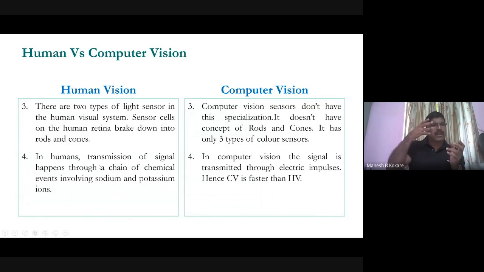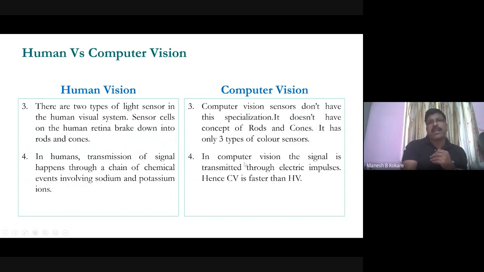As I told you, these photocells, the cones and rods, are responsible for converting light into an electrical signal, which is then passed to the brain through a chain of chemical events involving sodium and potassium ions. This chain of chemical events passes the signal from the retina towards the brain.